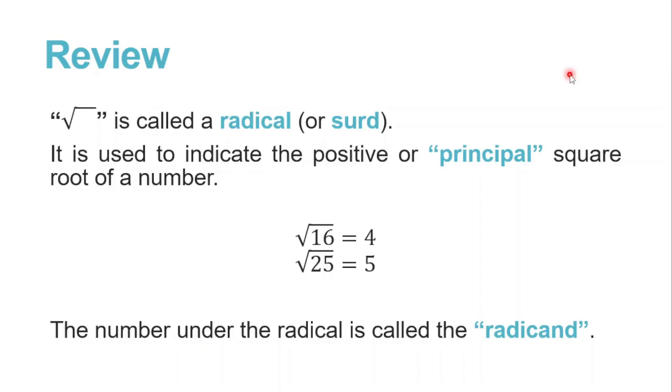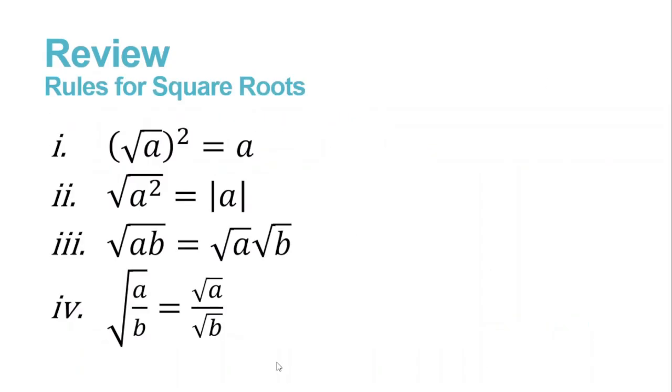Also, last lesson we talked about the rules for square roots. Here are some of the important rules to keep in mind when dealing with square roots. We have 4 rules here. The first one: the square root of a squared is just equal to a.